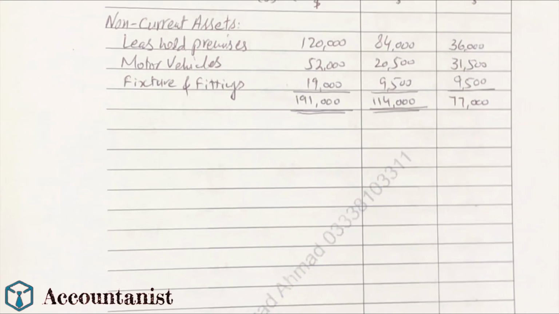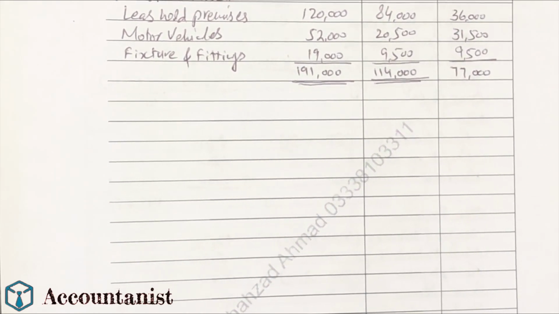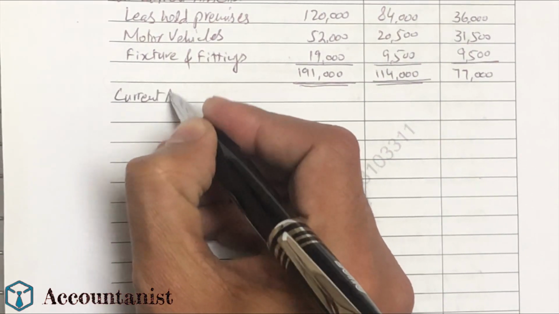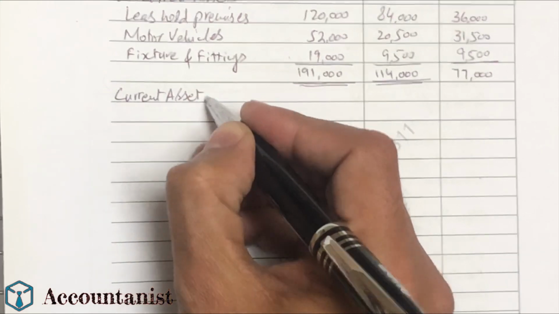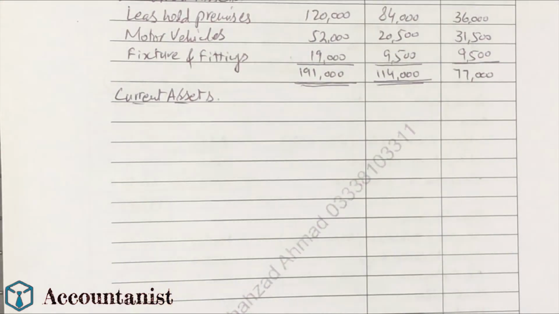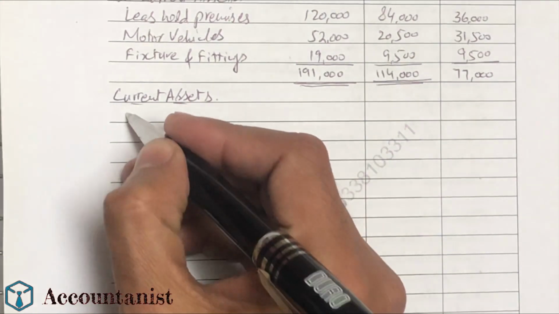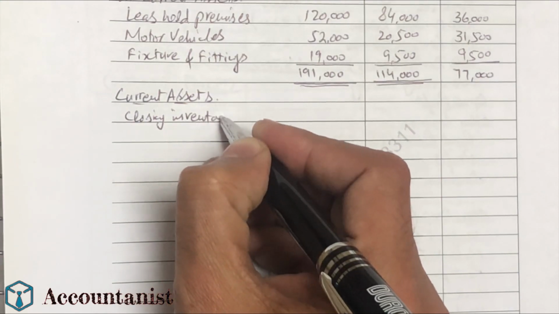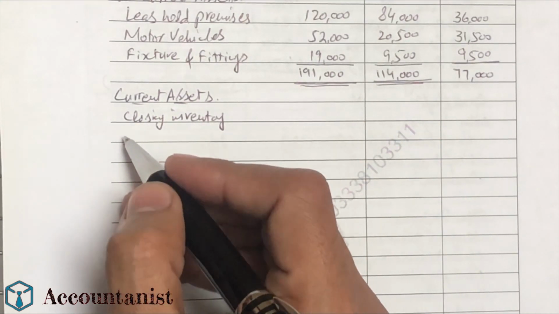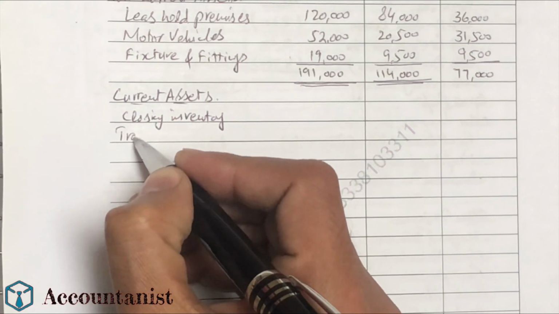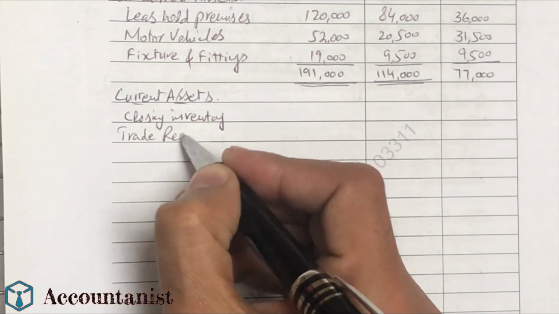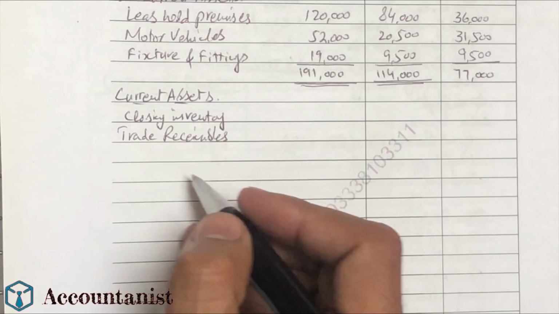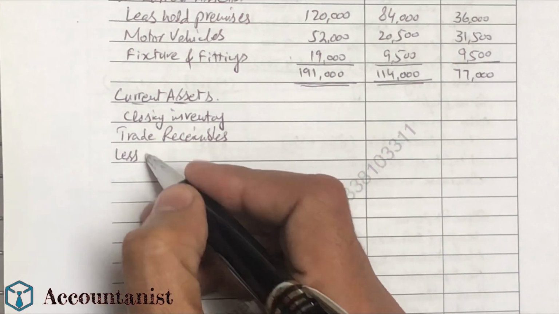Now the next section that we need to make in the statement of financial position or balance sheet is the current asset section. So the current asset section has a sequence, and we need to follow this sequence in the exam. So it starts with the closing inventory balance, and the next thing will be the trade receivables, and we need to deduct from this trade receivables the provision for doubtful debts balance.